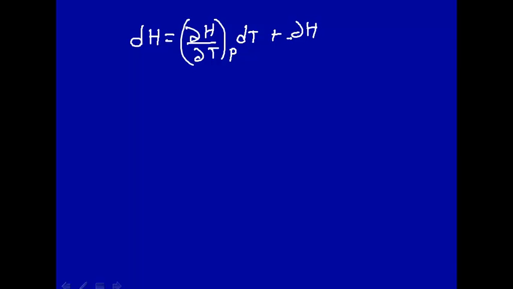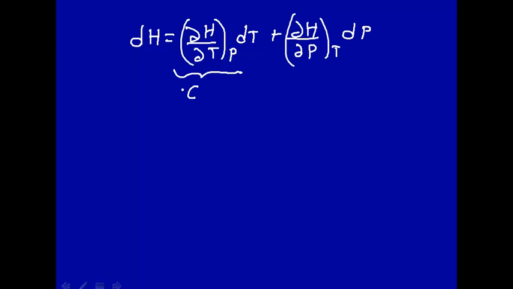So with that understanding, we can say that the differential change in H is how H changes with temperature at constant pressure times the change in temperature, plus how H changes with pressure at constant temperature times the change in pressure. This we know.